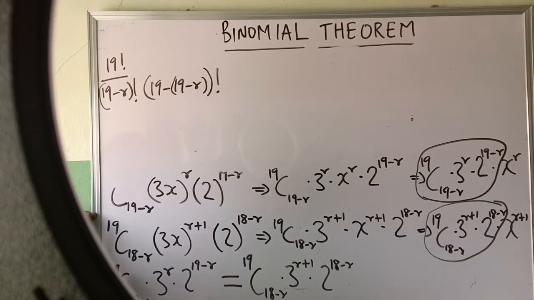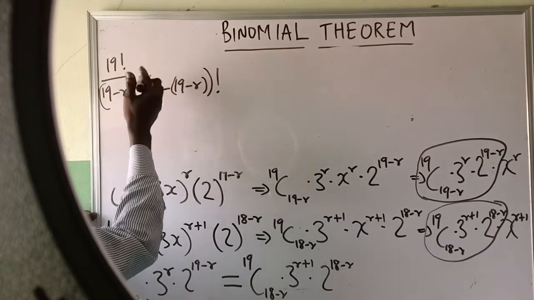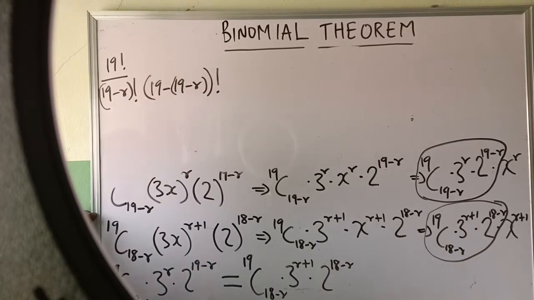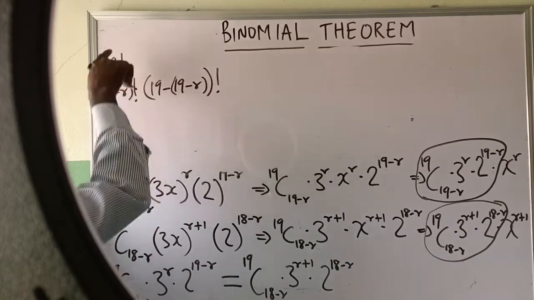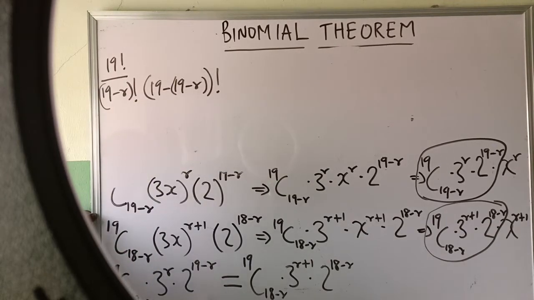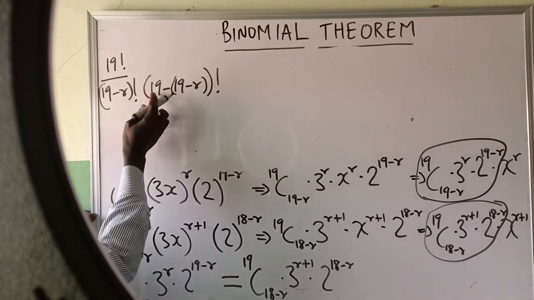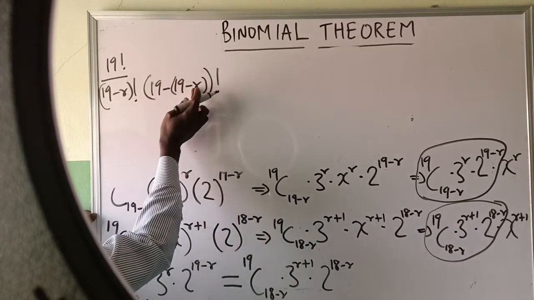So 19 factorial all over 19 minus r all factorial, then times the 19 minus r factorial. And you know that this minus this will give you only r.